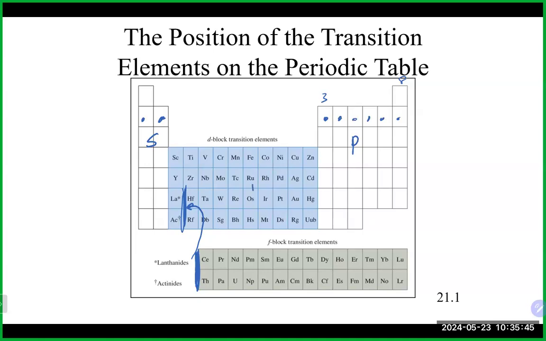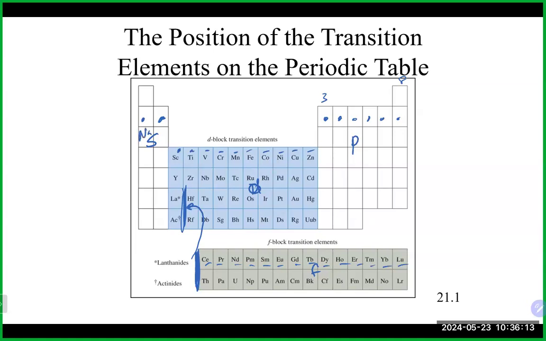This is our D block, right, and that has 10, 1, 2, 3, 4, 5, 6, 7, 8, 9, and 10. And down here is our F block, which has 14, 1 through 14. So you can count off electron configuration from the periodic table if you know what you're doing.